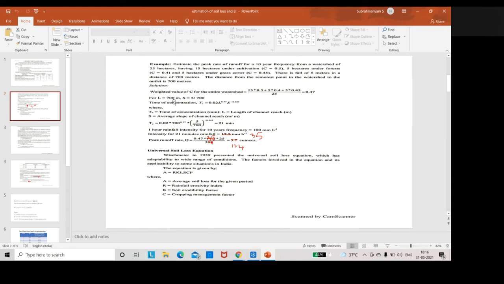L equal to 700 meters. S equal to 5 by 700. We have to calculate the time of concentration.